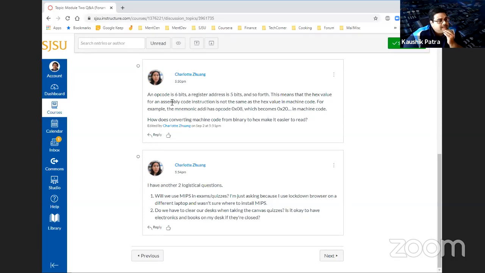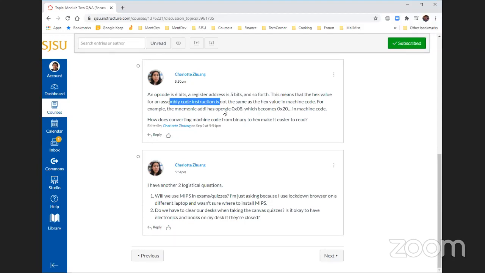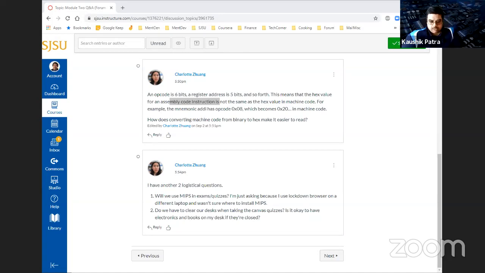So what do you mean by hex value for an assembly code of the instruction? It was from the video where you said that when you had the ADDI mnemonic, it puts an opcode of 08 in the opcode section on that line. Okay, let me go to that example of the ADDI.